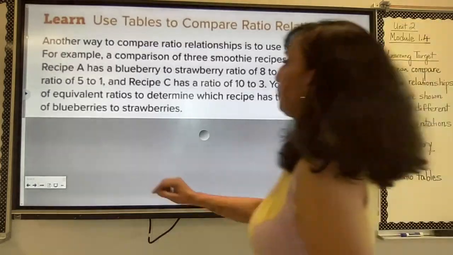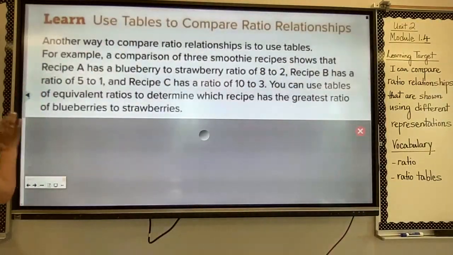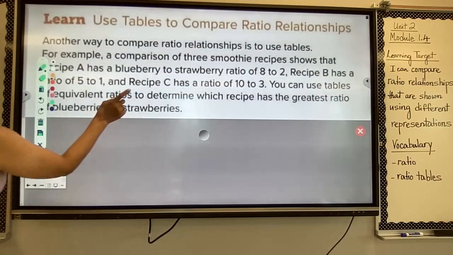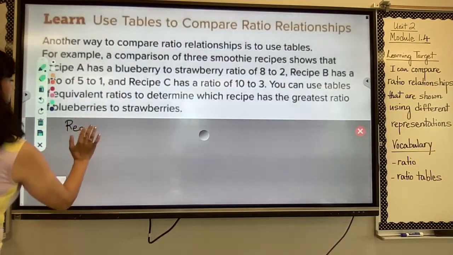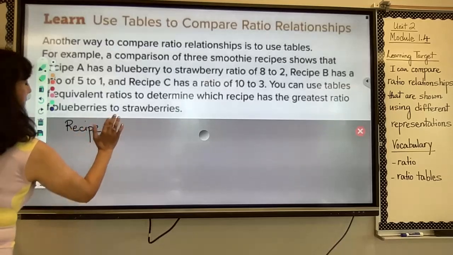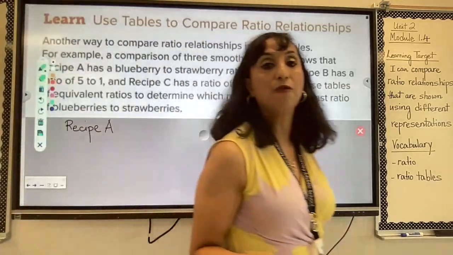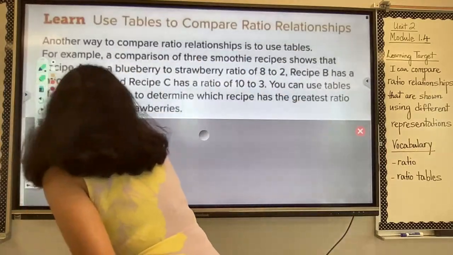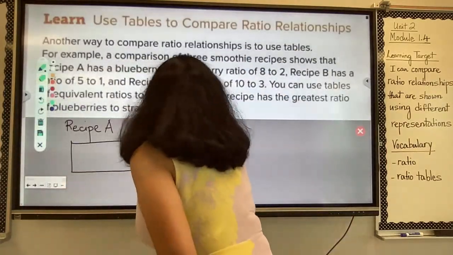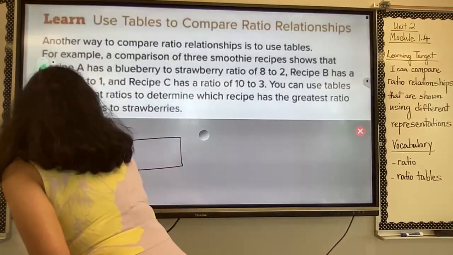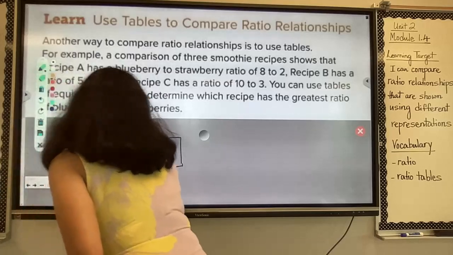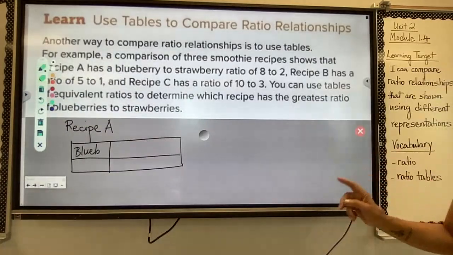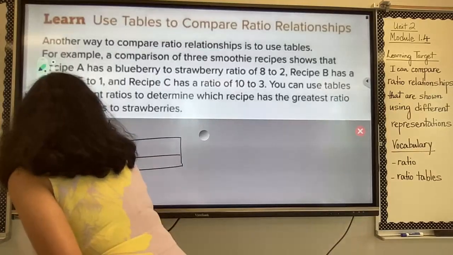All right, here we go. So we have recipe A, and I'm going to create a table for each of those recipes. Okay, so here is my table, and I have blueberries to strawberries is what I am comparing.